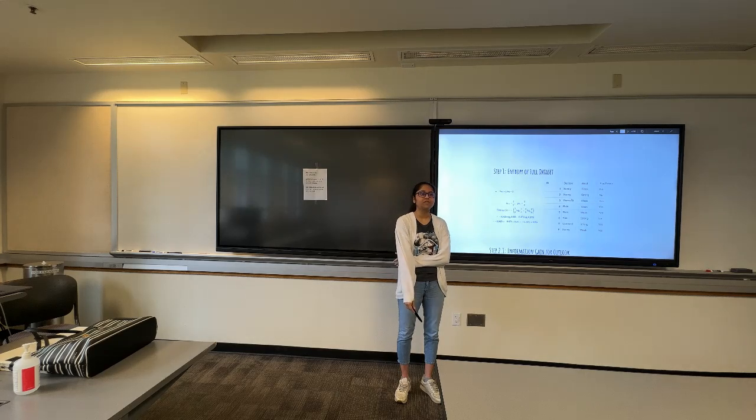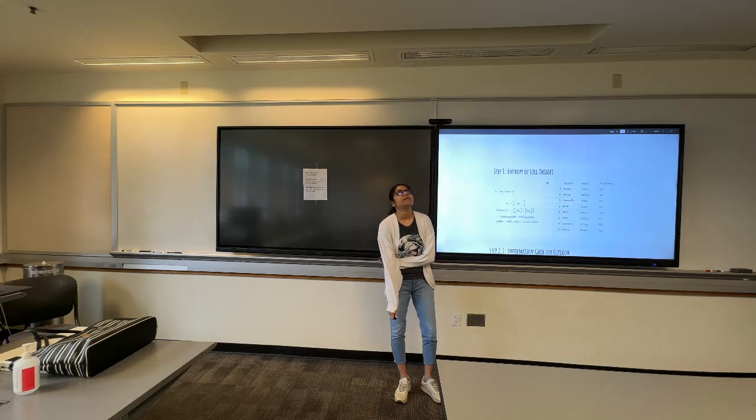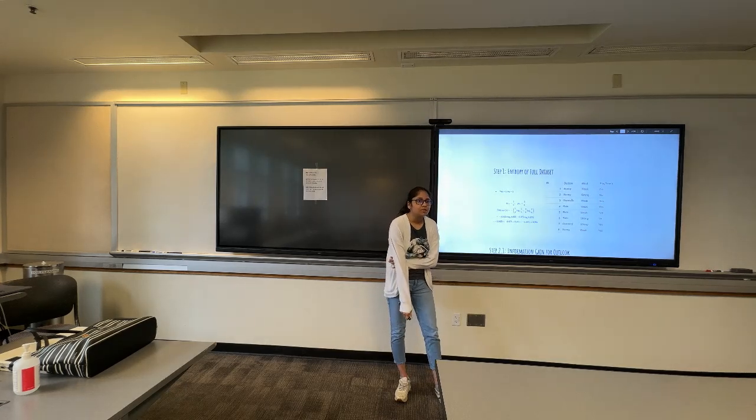Can you write a small function to calculate the information gain? They want to see how much you know. Because any blind person can write 4 lines of code in scikit-learn and say they know machine learning, right? But if you don't understand this, you really don't know machine learning, because you won't be able to understand what is happening. And if you need to change something, then it all goes down the drain.